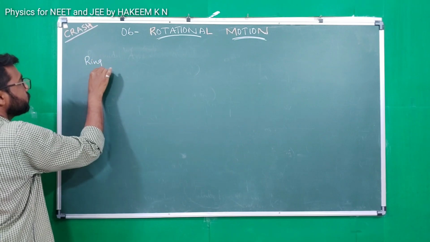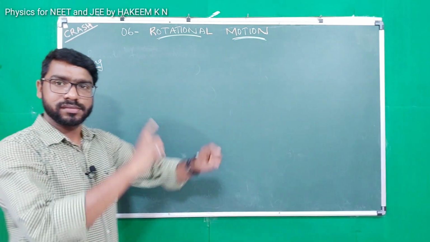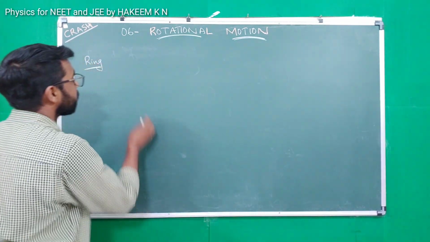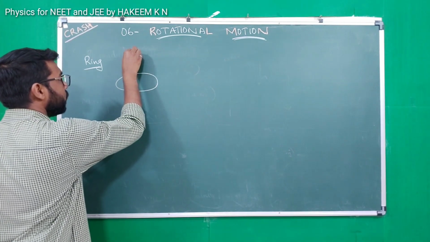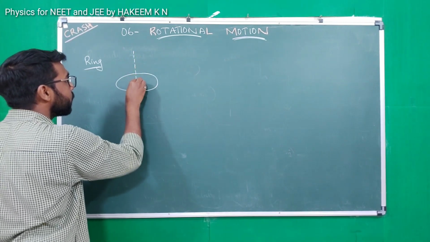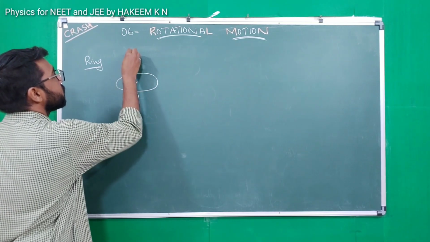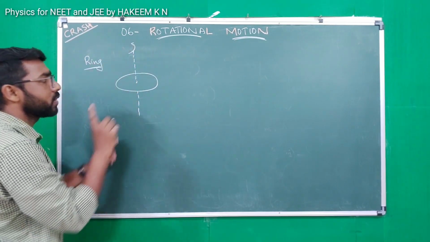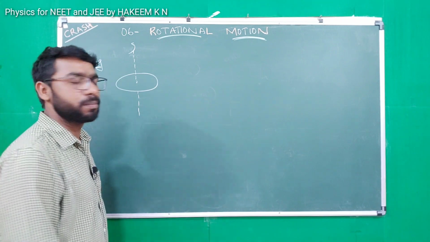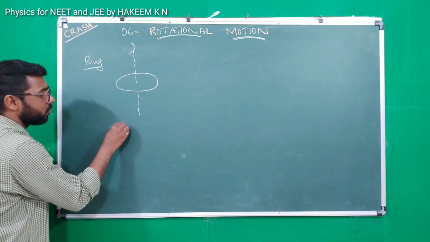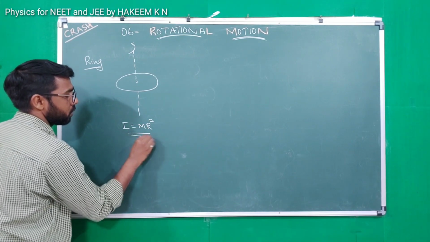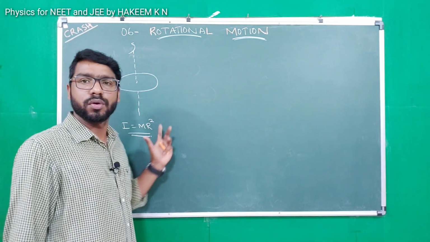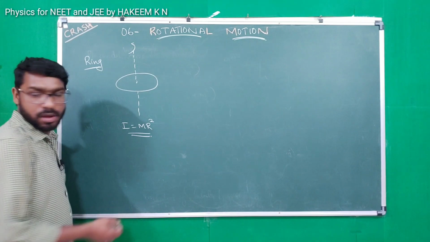Listen. For a ring which is rotating about an axis perpendicular to its plane, the moment of inertia I equals m into r square.